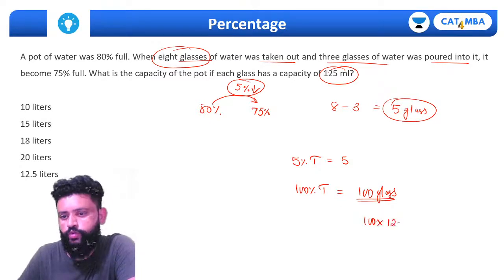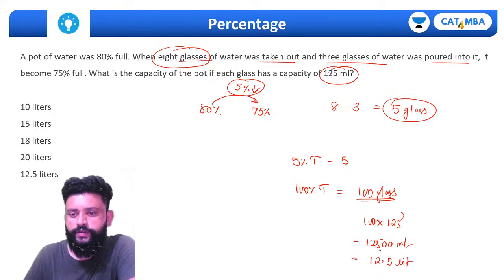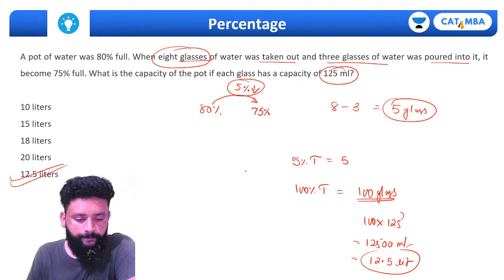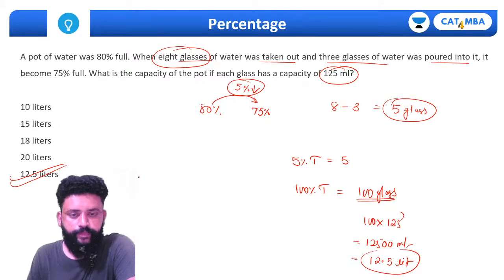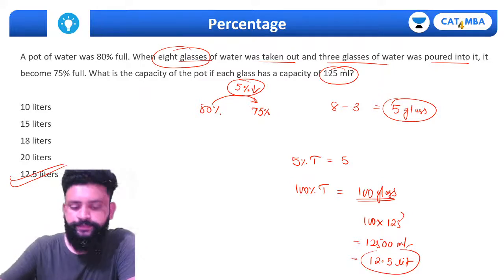So 100 into 125 comes out to be 12.5 liters. So hopefully you understood this. The last answer is the correct answer here. Okay, let's move ahead.